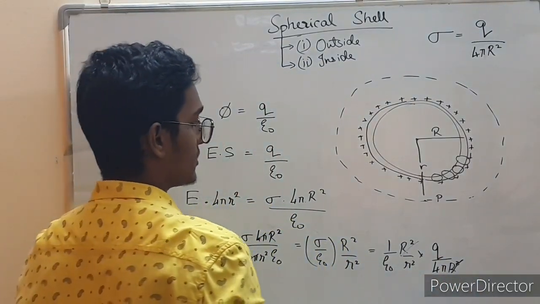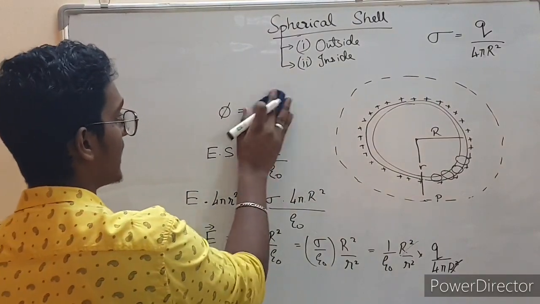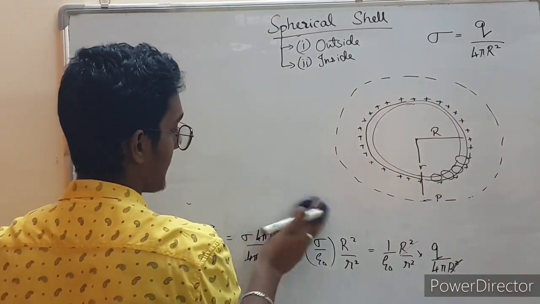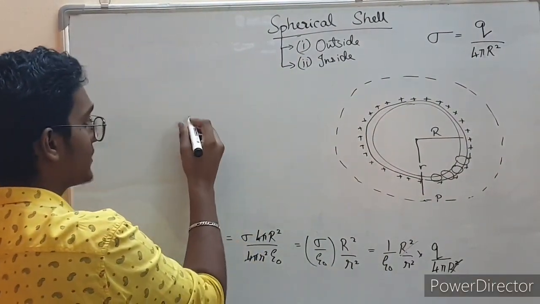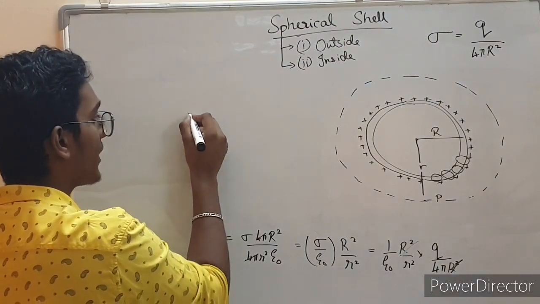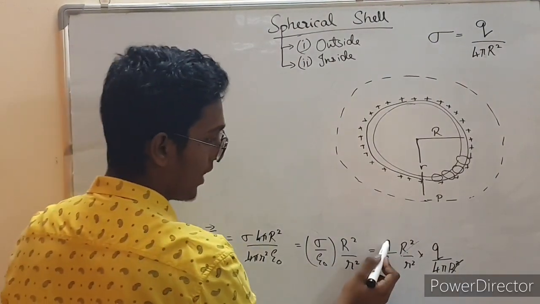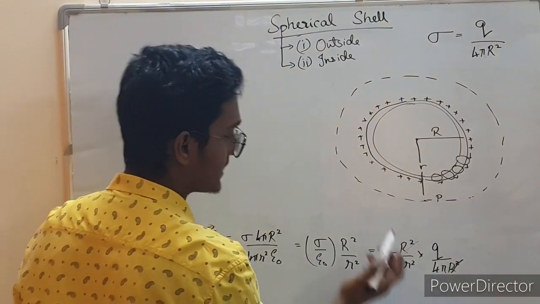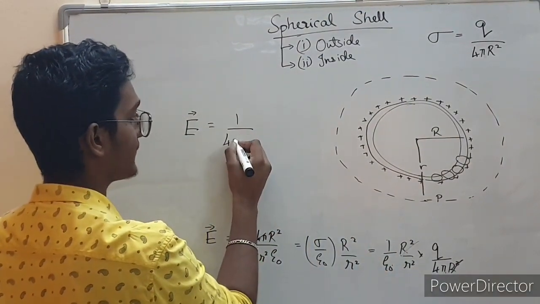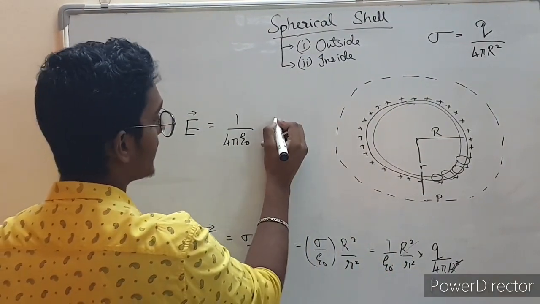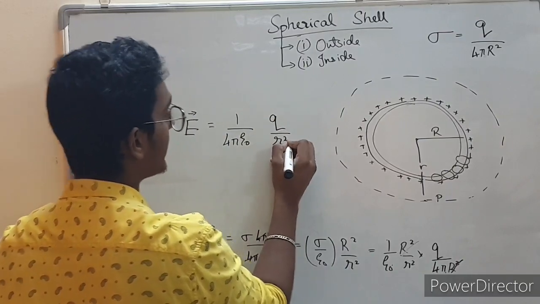Cancels, cancels. So you're left with the equation that the electric field at any point outside is 1 divided by 4 pi epsilon naught into q divided by R square.